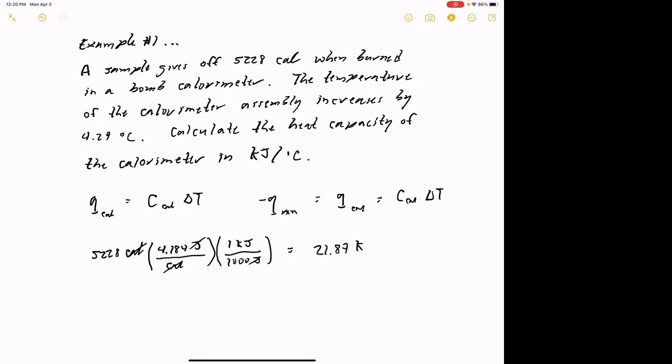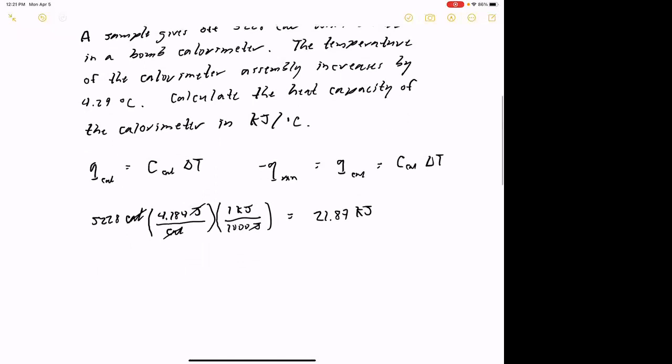Now notice that I'm leaving it as a positive value here because I'm couching it in terms of the heat that is absorbed from the reaction by the calorimeter assembly. So again, I'm focusing on the calorimeter assembly now as my system. Now I can solve for C cal.